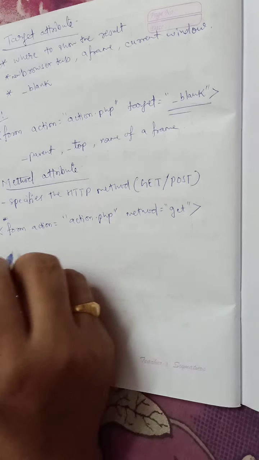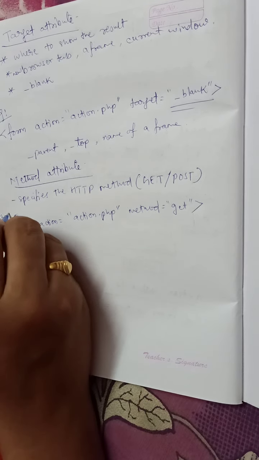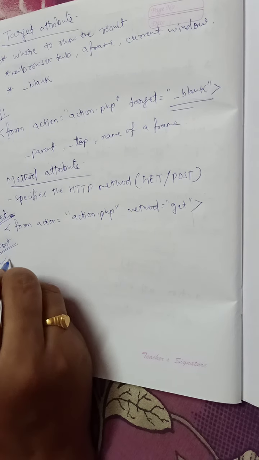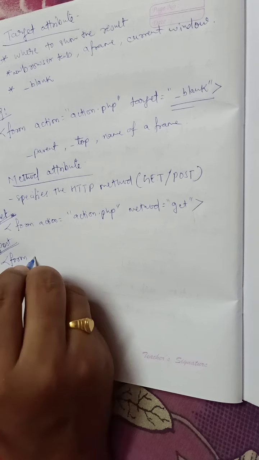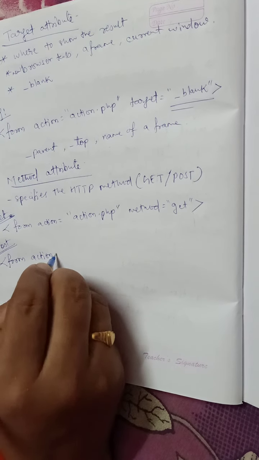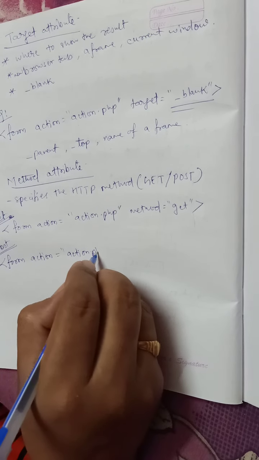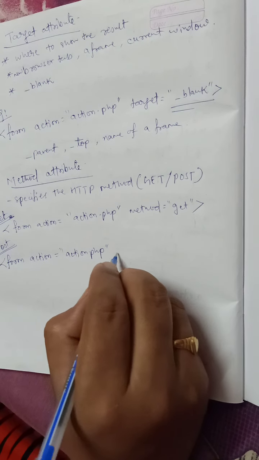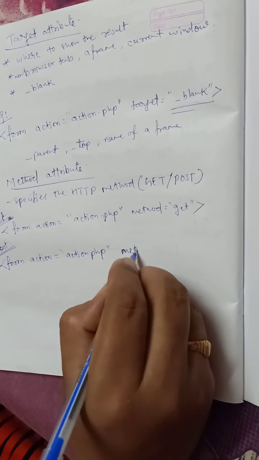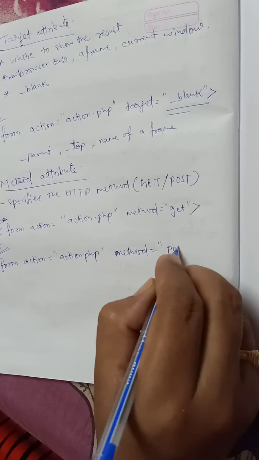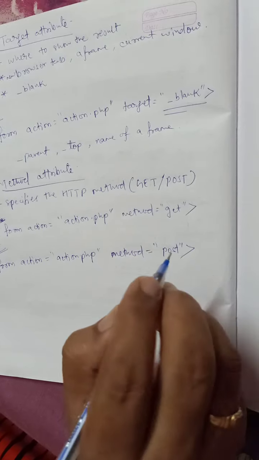Similarly for post, so this is for your get method. For post method, we write it as form action is again the PHP file name. You can mention any PHP file name, whatever you have created, and post.